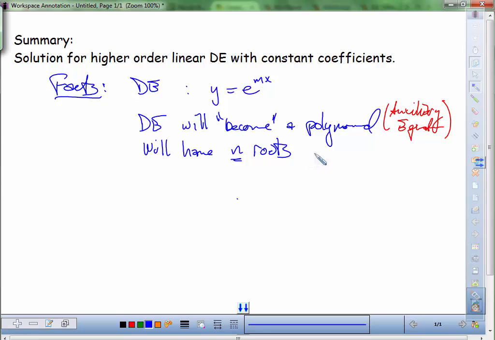Now the roots may have multiplicity, and they may be complex conjugates, or they can be all different roots.